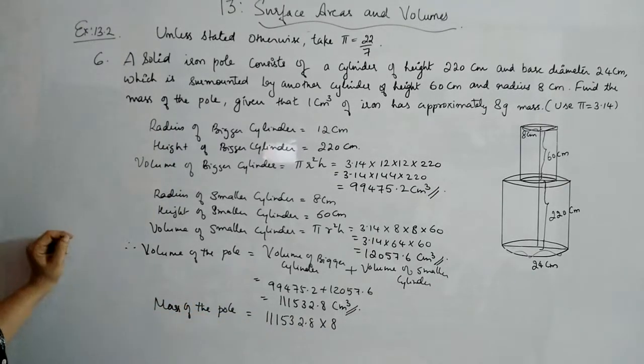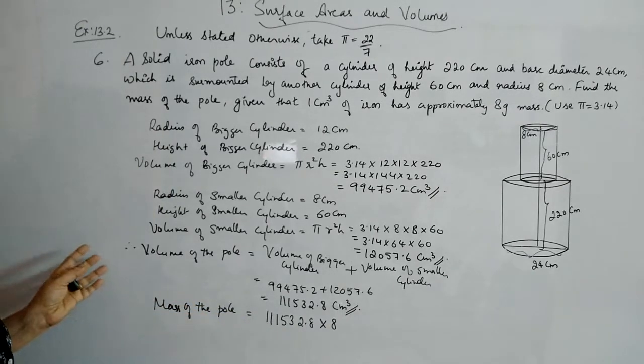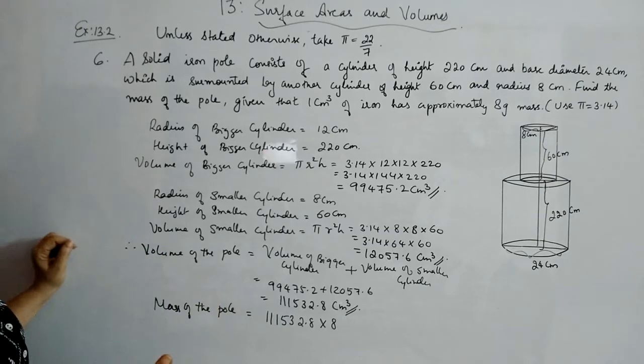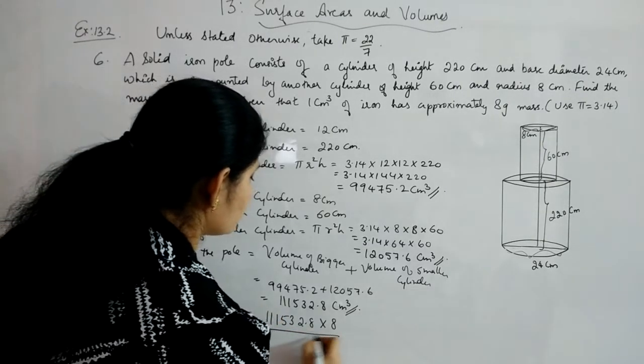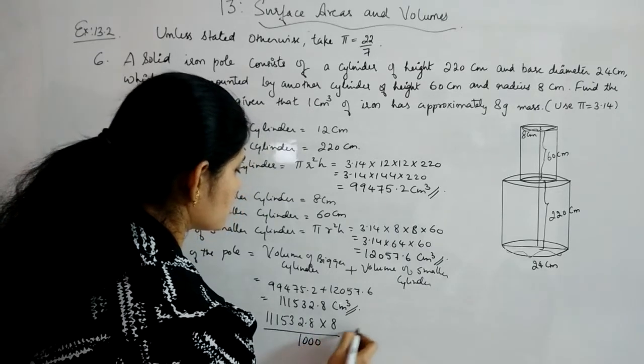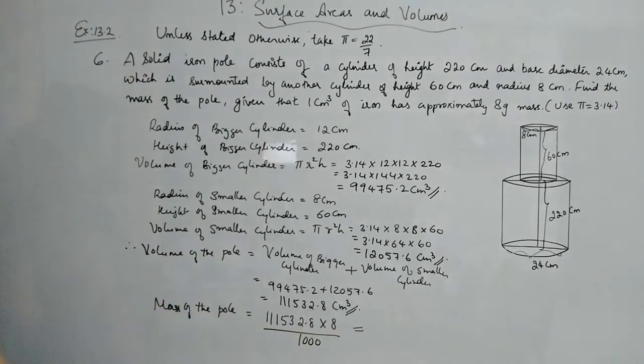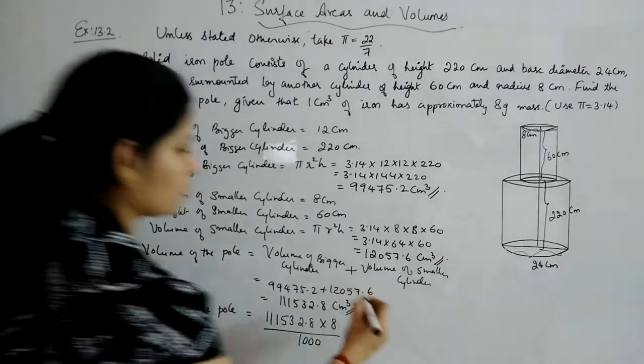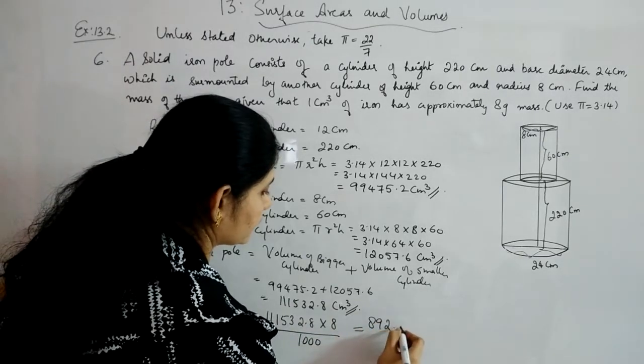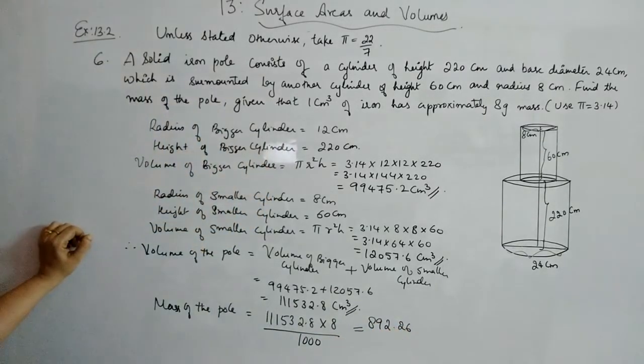So in order to convert it into kilogram, because it will be of this much of weight, so we will define it as in kilograms. So you have to divide it with 1000 in order to convert grams into kilograms. So the answer is 892.26 kilogram. 892.26 kg. Okay.